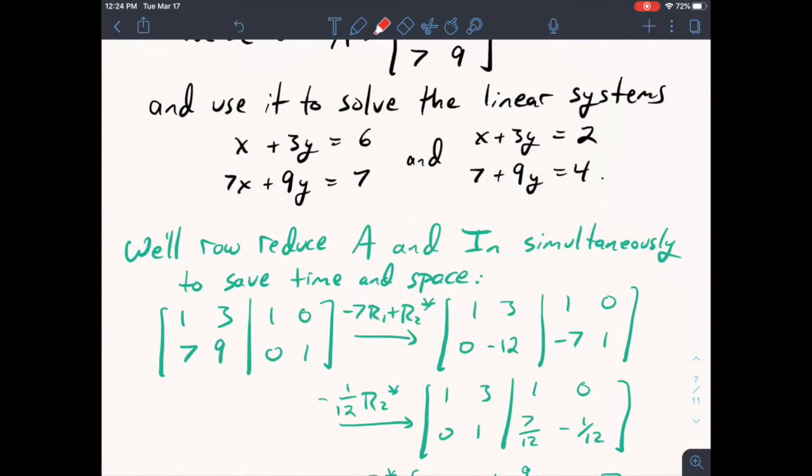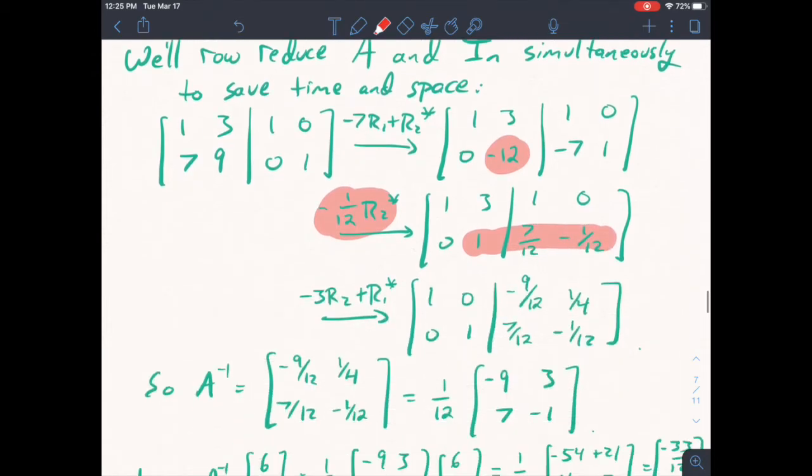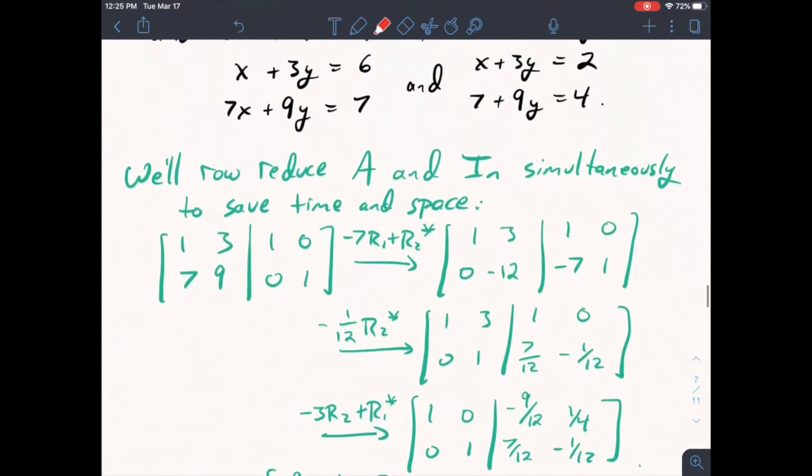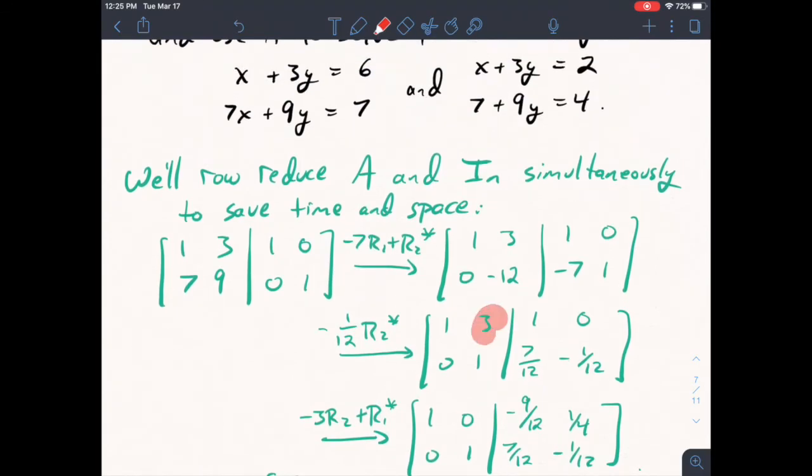Next, I will get rid of this negative 12 by multiplying the entire row 2 by negative 1 over 12. That'll have this effect on this row. Then I zero this 3 out above, and I should get a 0 there, and negative 9 over 12 there, and a positive 3 over 12, which reduces to 1 over 4.